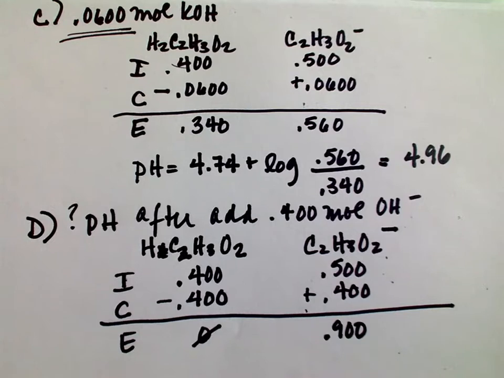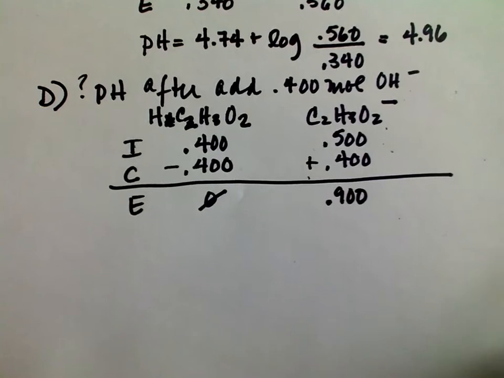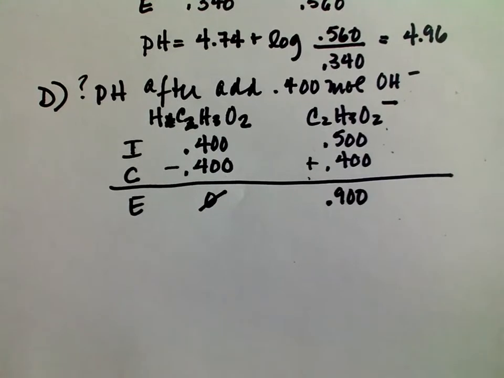So what essentially we have here is a new problem. And in order to calculate the pH, we are going to need the Kb for acetate. Okay.